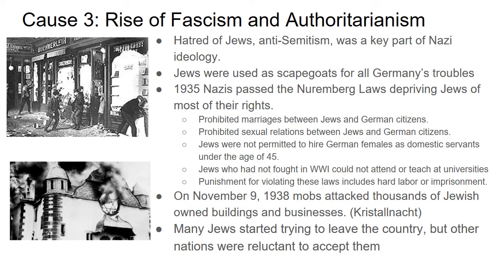One huge element of Nazi control is scapegoating. Hatred of Jews, anti-Semitism, was a key part of Nazi ideology. The Jews were used as scapegoats for all of Germany's problems.